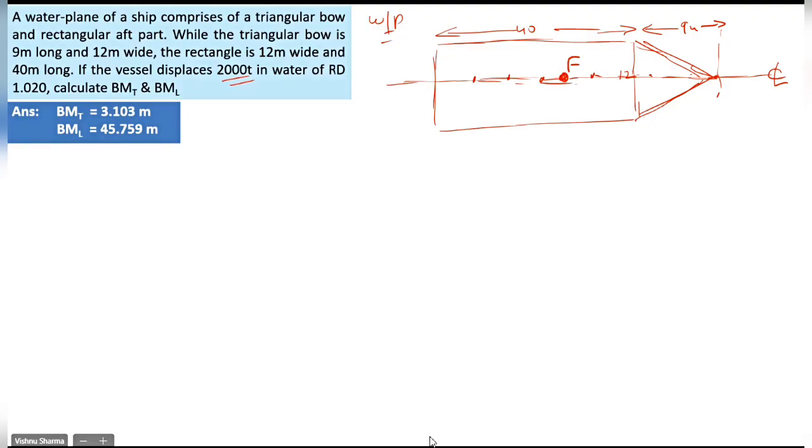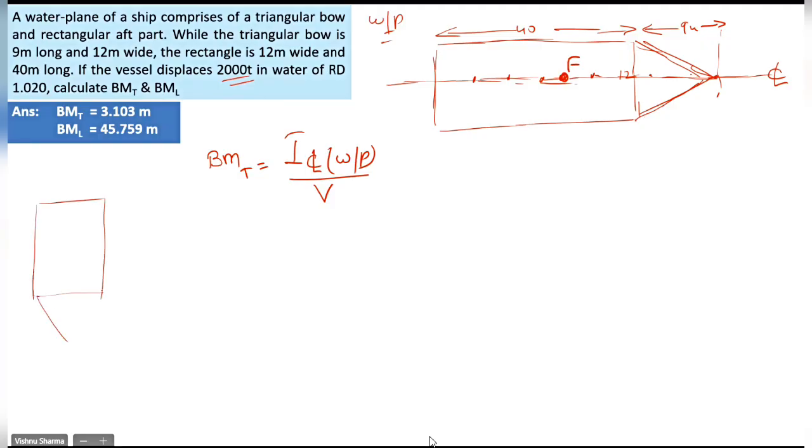Okay. So now my BMT formula will be equal to ICL of the water plane upon volume of displacement. Now which is the reference axis? Center line. My water plane comprises of how many shapes? Two shapes. Guys, remember, this type of thing you have done in COP.